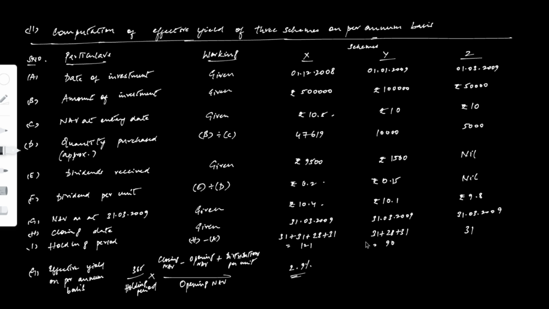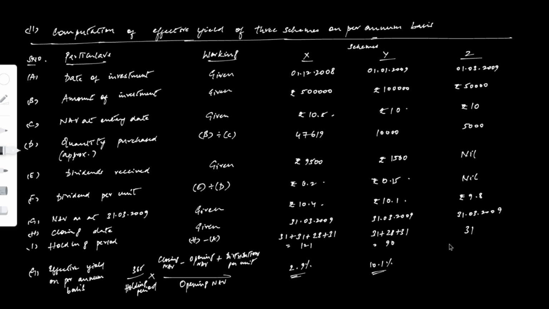In the second case it is 10.1 minus 10 plus 0.15, divided by 10, into 365 by 90. It is 10.1%.